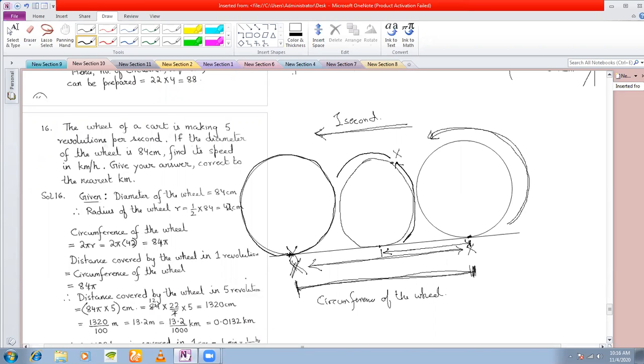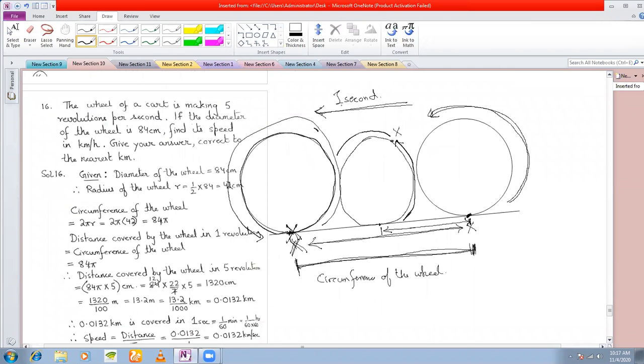So we apply exactly the same concept. If I start from a particular point and want to come back to the same point after one revolution, what is the distance that I have covered? I have covered one complete revolution. So if this wheel has a point here, and it comes back to the same point, it has obviously traveled an entire circumference. So what can I say?